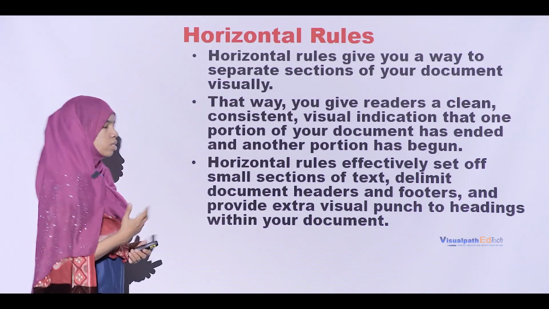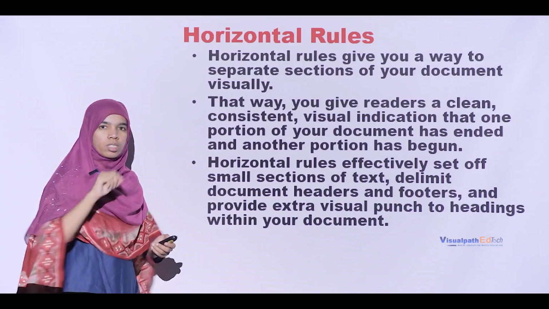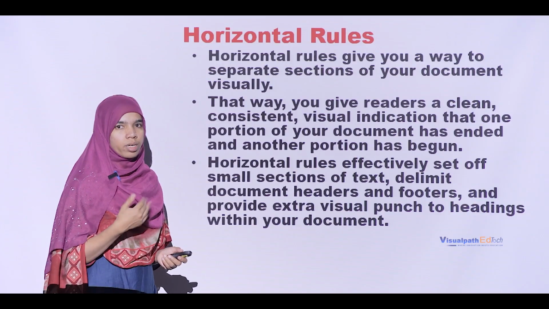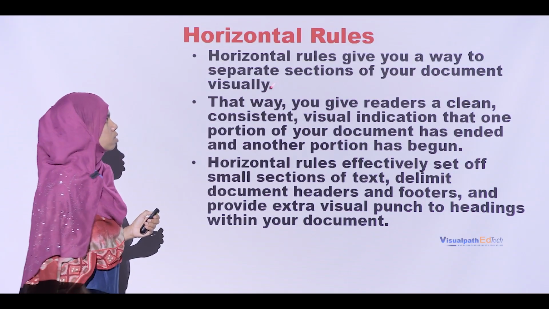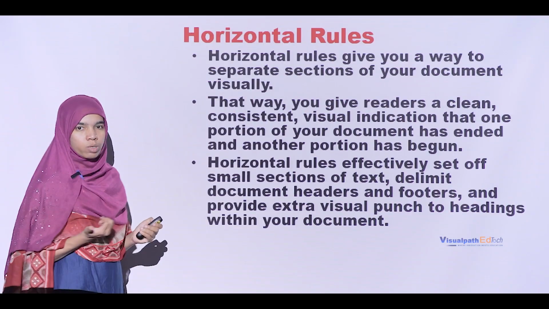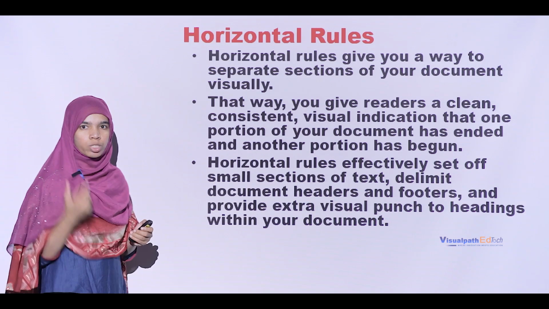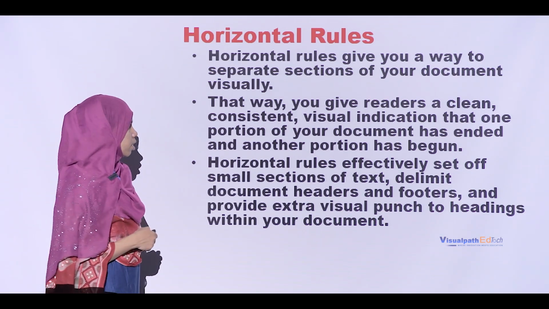Now, what are the horizontal rules? Horizontal rule in the sense, if you want to define a margin between two contents, that time you will be making use of horizontal rules. So this is going to act as a separator between two sections of the document that will be viewed visually to define the sections separately.